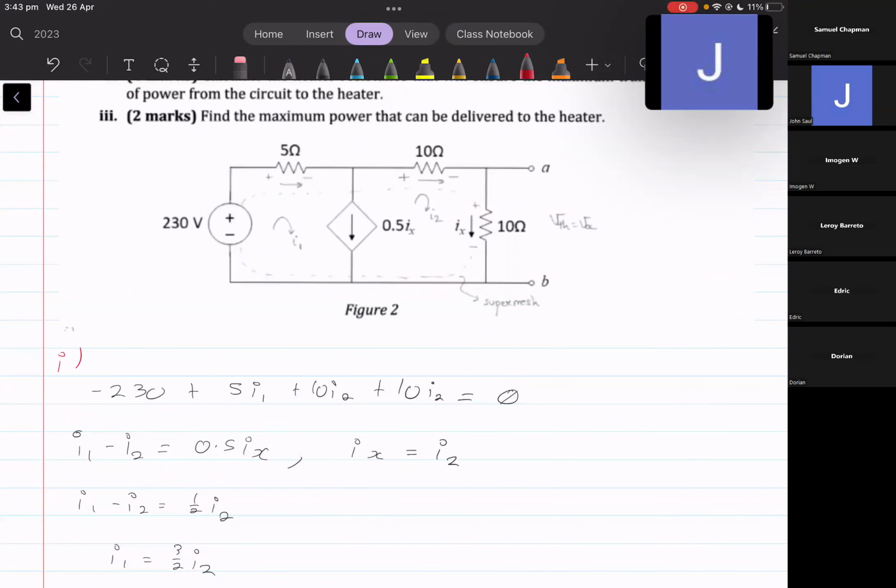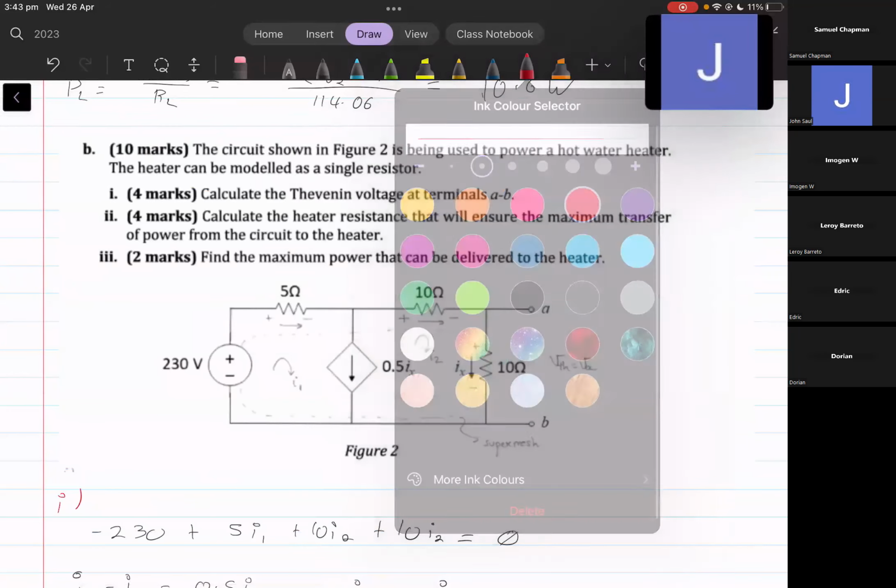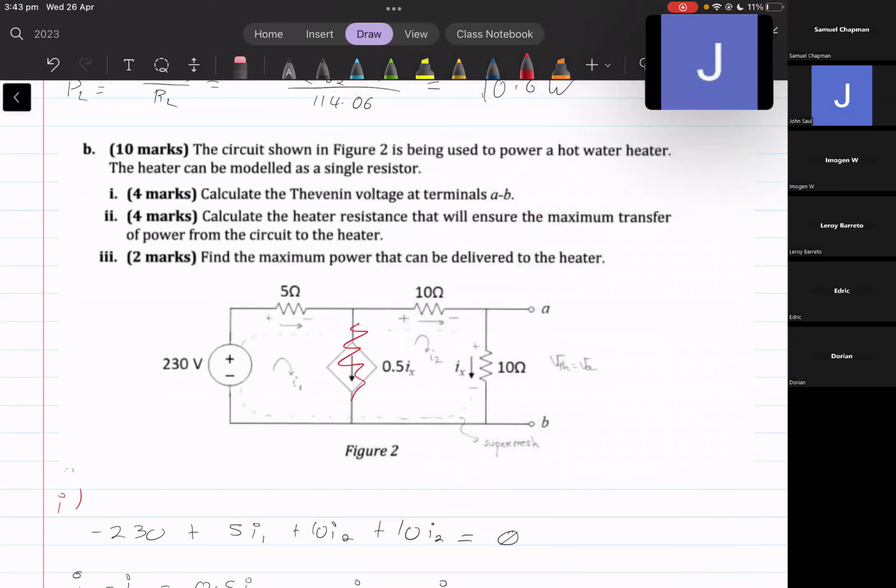If that dependent source wasn't here, so we had just this, what we'd want to do is, sorry, if this was a short circuit here, we would never have any voltage or current at the 7. So was that your question?